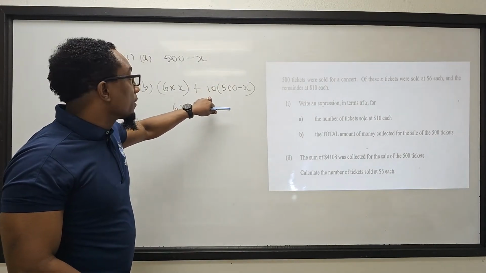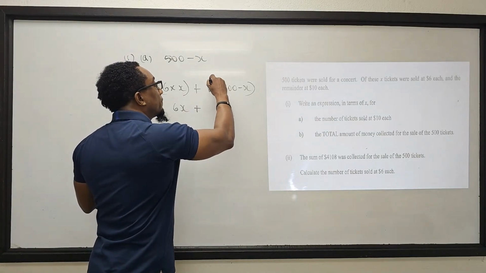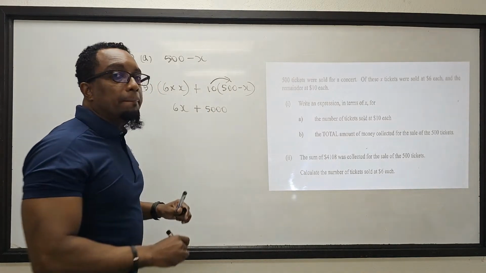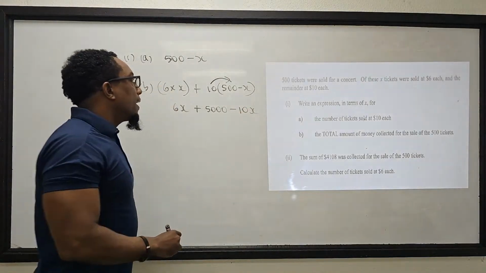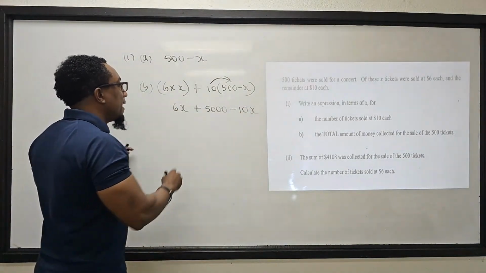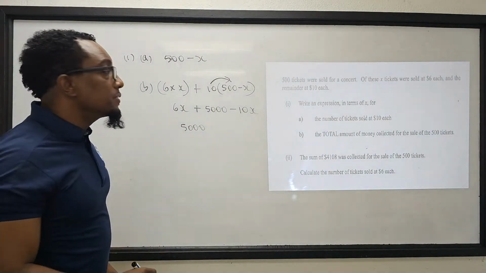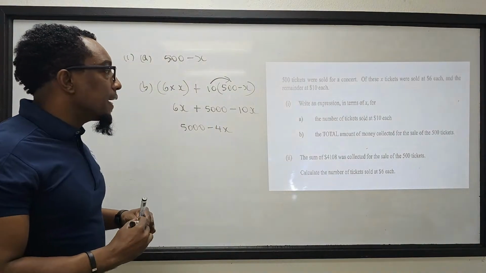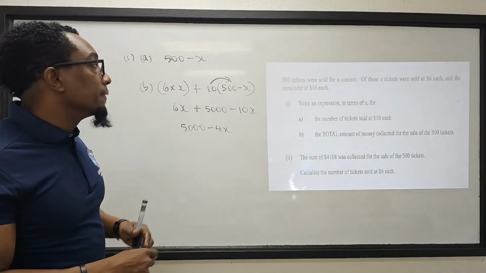So you're going to get 10 by 500 is 5,000. 10 by negative x is negative 10x. We can simplify that to become 5,000, and 6x minus 10x will be negative 4x. So that is your total amount of money collected, simplified.